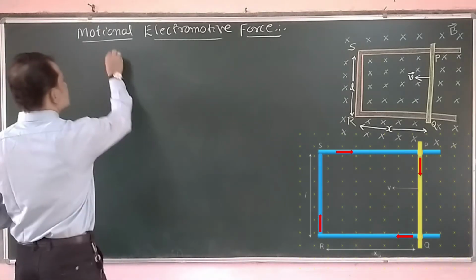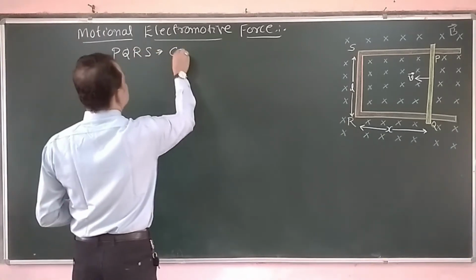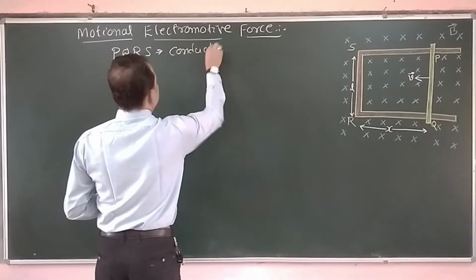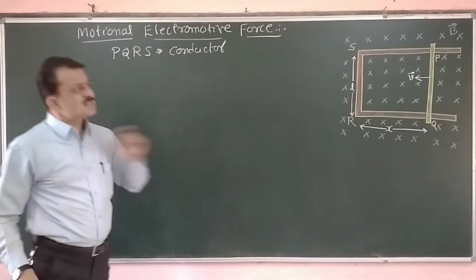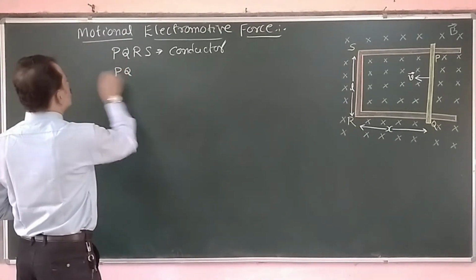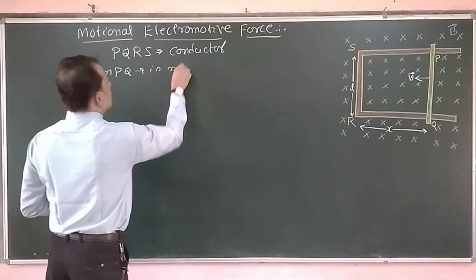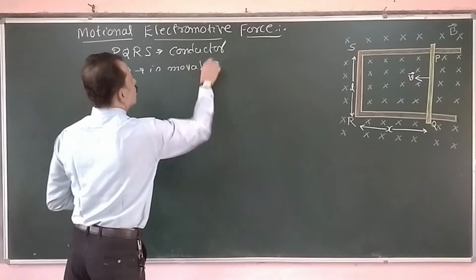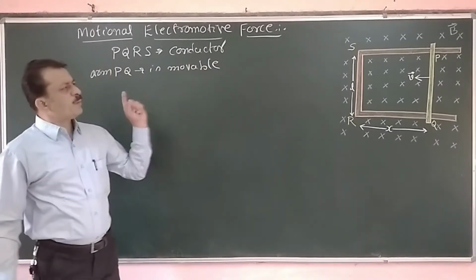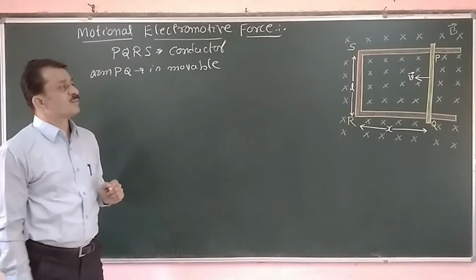Now here PQRS is a rectangular conductor. In this rectangular conductor, the arm PQ is movable. It is movable on that rectangular conductor.